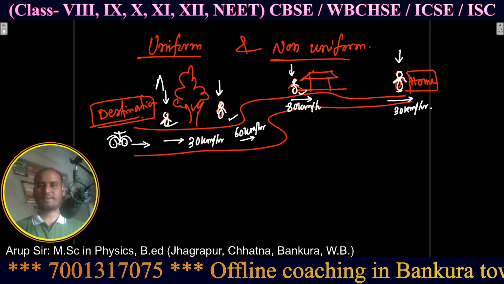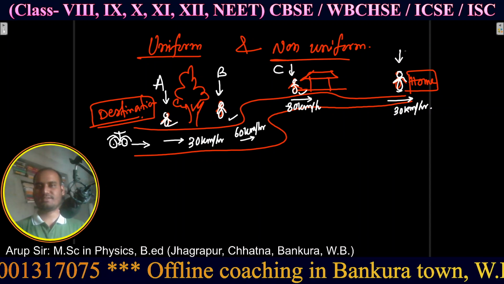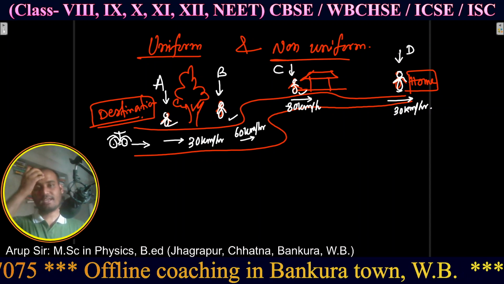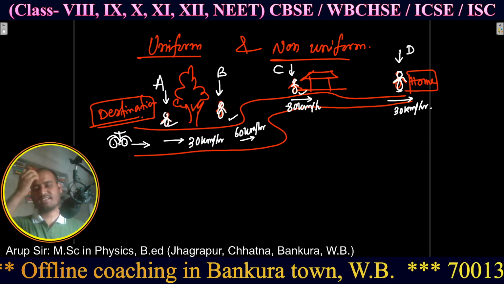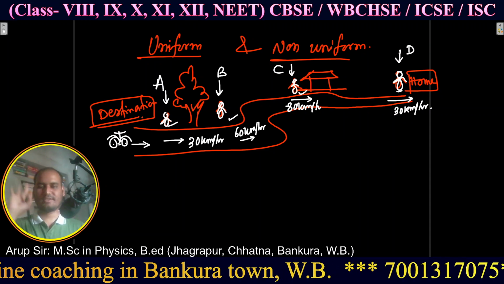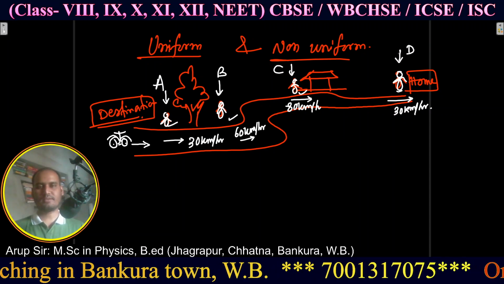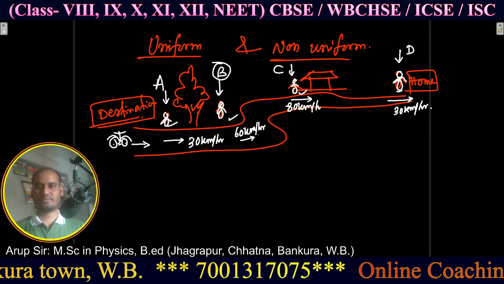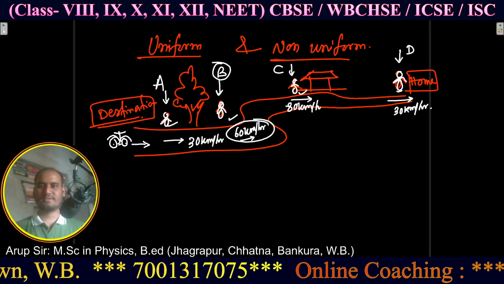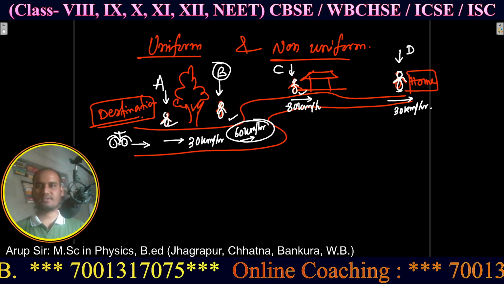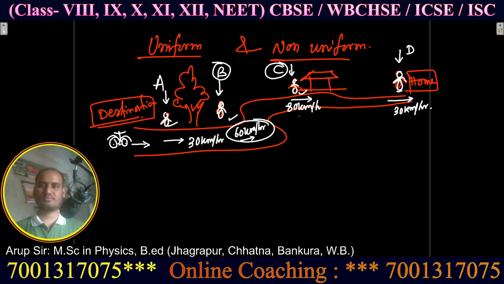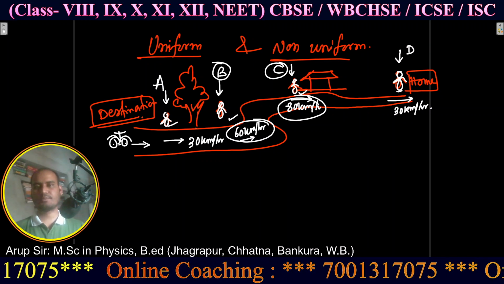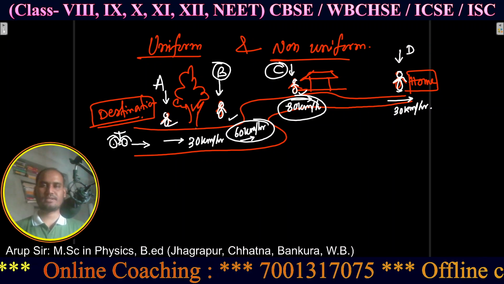These persons are A, B, C, D. A is saying it's okay boss, he is going with 30 km/h, it is normal speed, no problem. B is saying no boss, it is not like that, he is riding with 60 km/h. C is saying no, he is going with 80 km/h, very much speed, it will be dangerous for him.